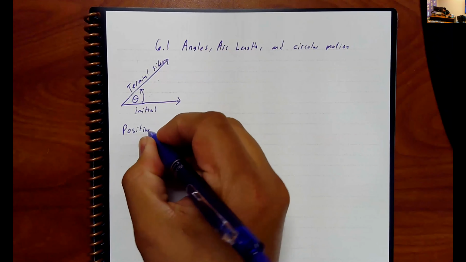One radian is equal to 180 degrees over pi. Use this one for radians to degrees.